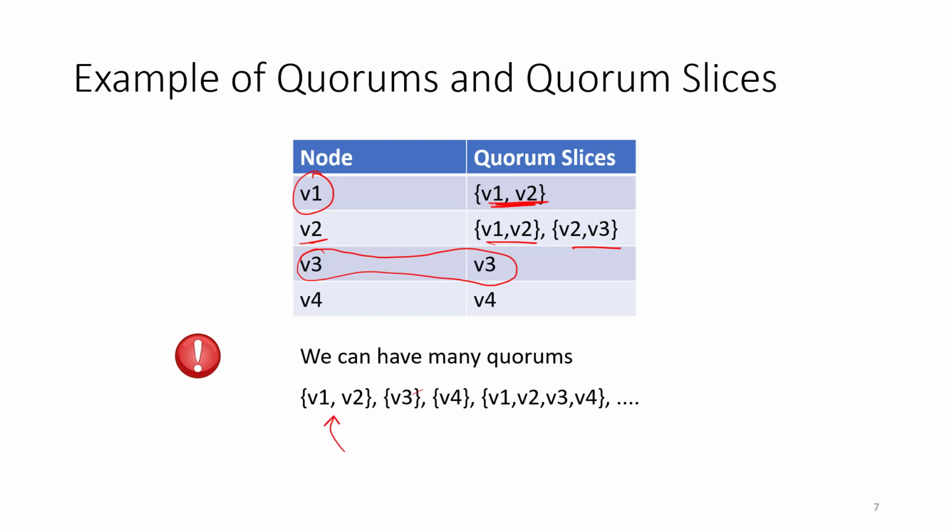Why? Because V1's quorum slice, V1, V2 is fully contained here. V2 has two quorum slices. One is not fully contained, but V1, V2 is fully contained. And then, of course, the universe of all the nodes is also a quorum because all the quorum slices will definitely be in it. So, as you can see, for a system with different quorum slice definitions, multiple quorums are possible.